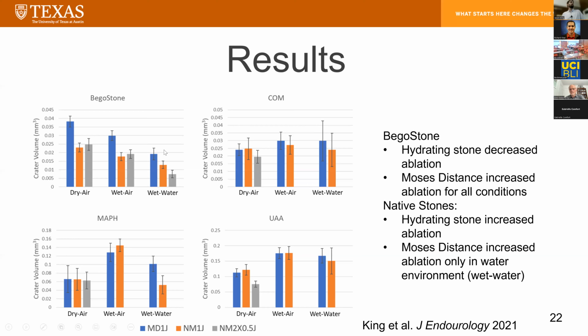And when we put the stones in water, we got a further decrease in the ablation efficiency. Where if you look at the human stones, when we went from dry stones in air to wet stones in air, we actually saw an increase in the ablation efficiency. So the water within the stone is actually aiding in the ablation.